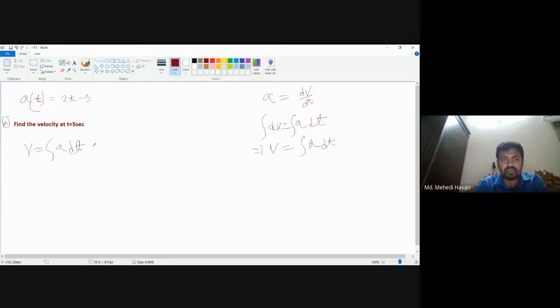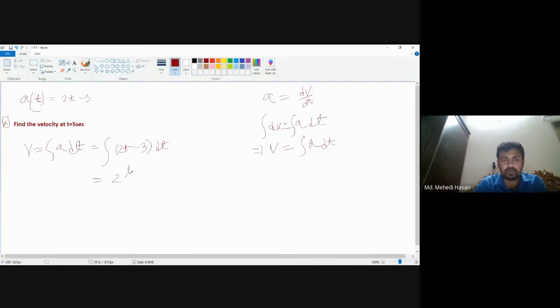Now if we put the value of a in that equation, which is basically the integral of 2t minus 3 dt, it is equal to, we know the formula for the integral of x to the power n dx equals x to the power n plus 1 divided by n plus 1. So similarly, in case of t, 2 is basically a constant.